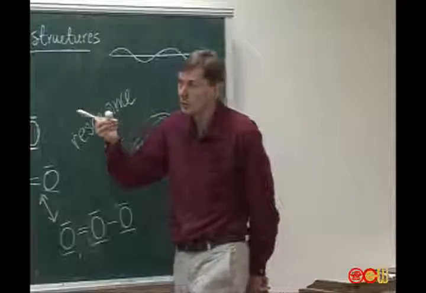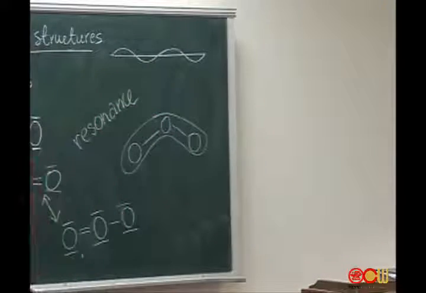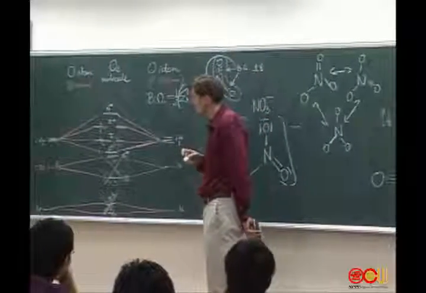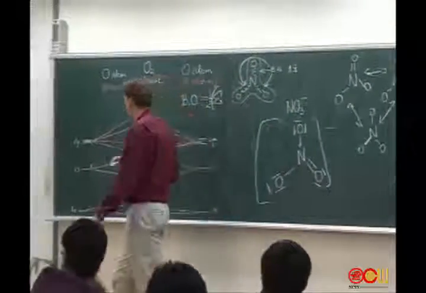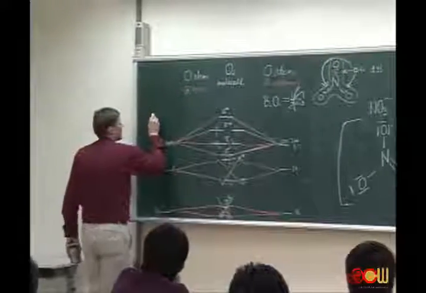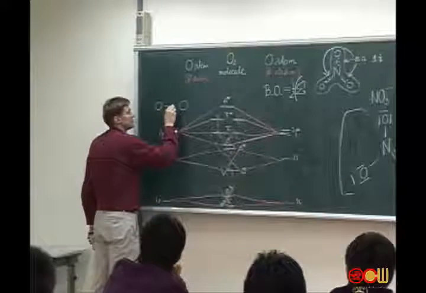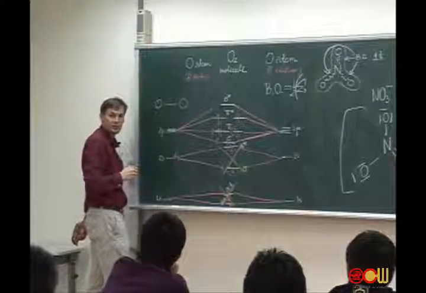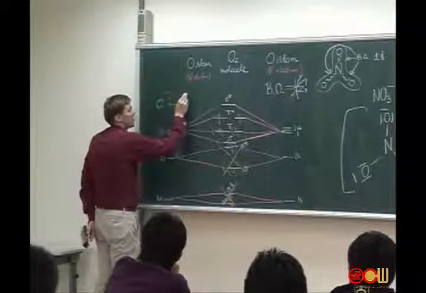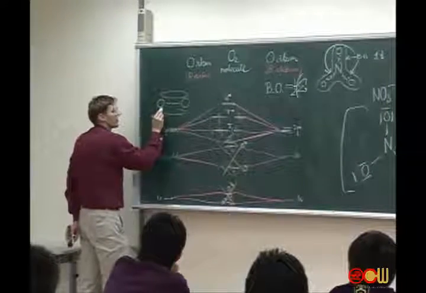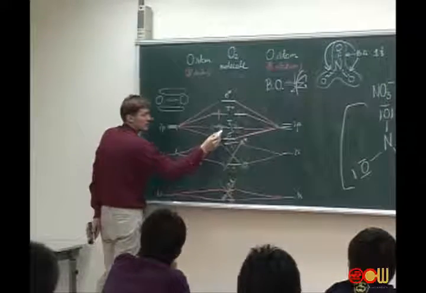Similar things happen for oxygen. Here you have only two atoms, so it's more difficult to describe this, but oxygen, oxygen, sigma bond, and now you have a pi bond, this one.